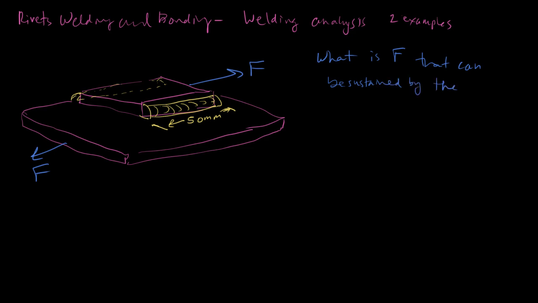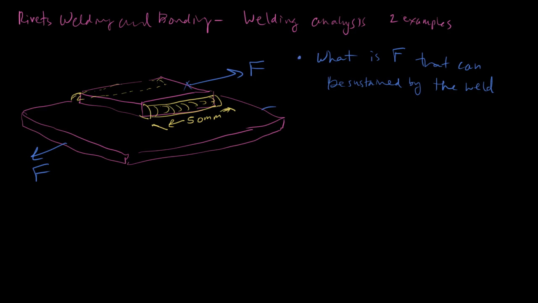by the weld? Now obviously we'd have to make sure that for the material properties of the plates, we wouldn't be failing the plates here by fracture at the ultimate strength.